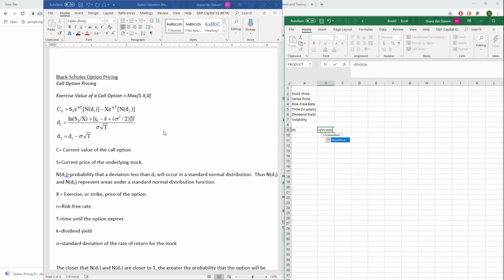The natural log of the stock price divided by the strike price, close parentheses, plus open parentheses, the risk-free rate minus the dividend yield plus open parentheses volatility up caret, so that's a shift 6, squared, divided by 2, close parentheses, and I want to put 2 close parentheses there because I want to contain this entire amount, just like it is here.